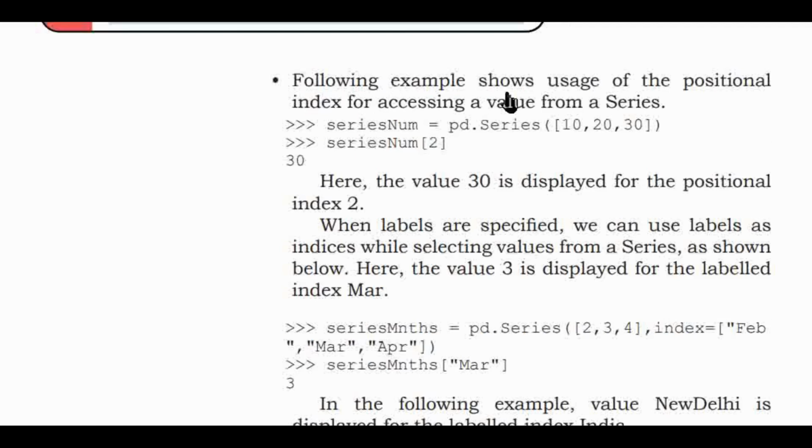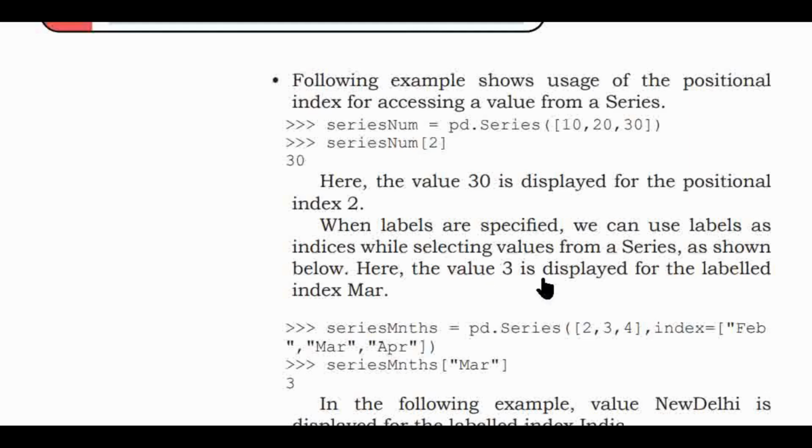The following example shows usage of the positional index for accessing a value from a series. seriesNum = pd.Series([10,20,30]); seriesNum[2]. Here the value 30 is displayed for the positional index 2. When labels are specified, we can use labels as indices while selecting values from a series as shown below.